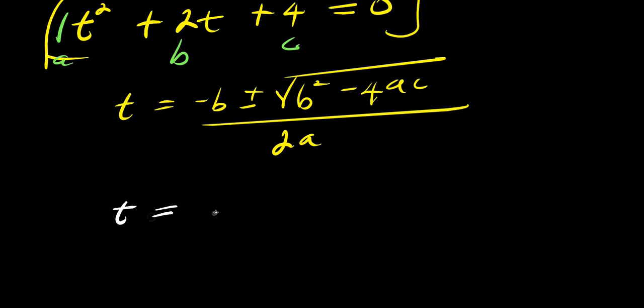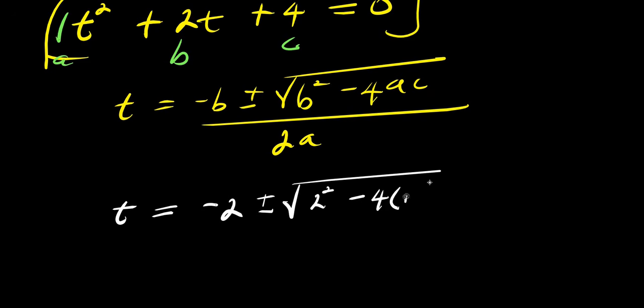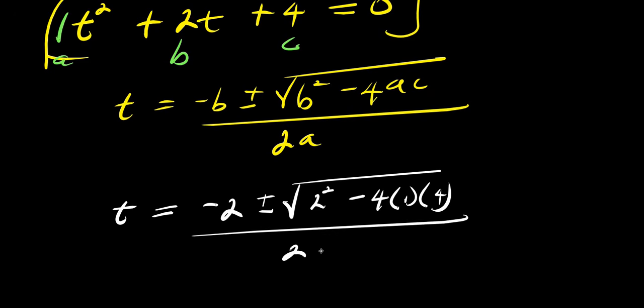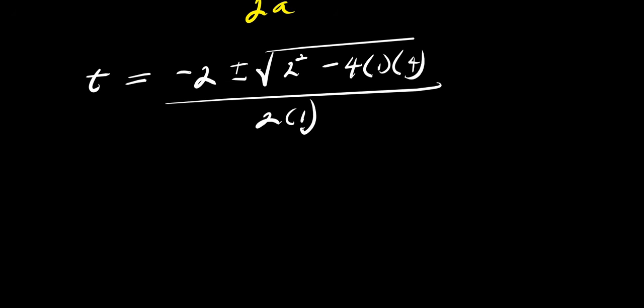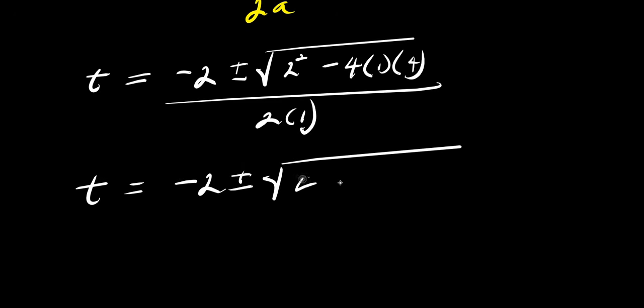I have t equals negative b, that is negative 2, plus or minus square root of b^2 minus 4 times a times c, that is 4 times 1 times 4, divided by 2 times 1. So from here, I have t equals negative 2 plus or minus square root of 4 minus 16, divided by 2. That is, t equals negative 2 plus or minus square root of negative 12, divided by 2.